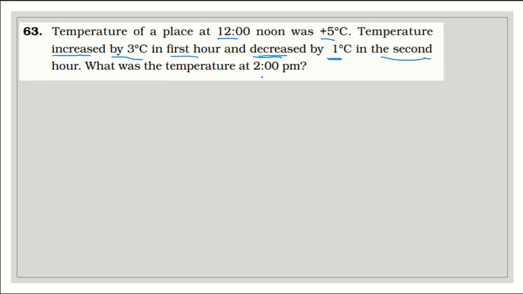What was the temperature at 2 p.m.? So for this, temperature at 2 p.m. is 5 degrees Celsius.